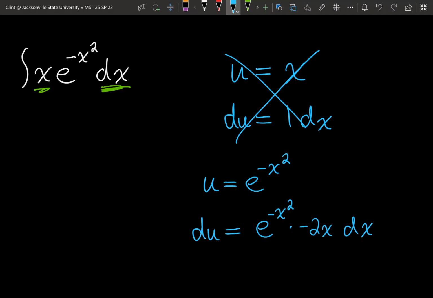I'm using chain rule there. And then I don't need another one of these, because I don't have a good way of getting rid of that, so mark that one out. So if you can't figure out a way to make du work, then it should probably be something else.